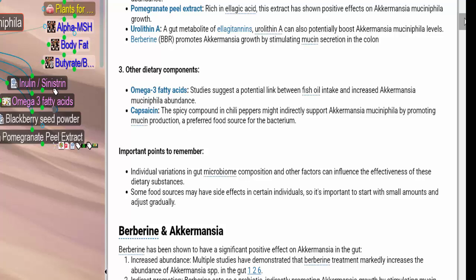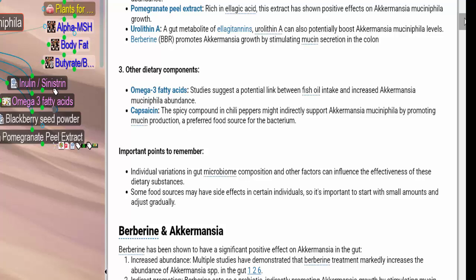That's rich in ellagic acid, which has positive effects on Akkermansia growth. And if you eat pomegranate, save that peel and tincture that peel to make your own extract. Urolithin A, and that is a gut metabolite of the ellagitannins. It can boost Akkermansia levels.